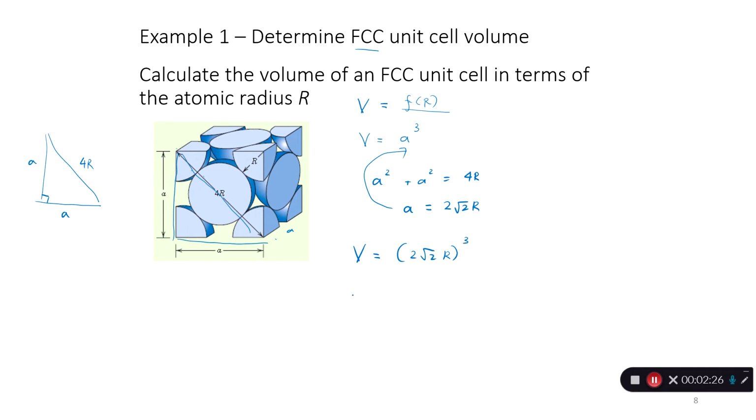Let's expand this slowly. 2 to the power of 3 is 8, and then square root 2 times square root 2 times square root 2, r cubed. So square root 2 times square root 2 is of course 2. Now you're left with 16 r cubed. You can leave it as it is, as long as you get an equation for it.